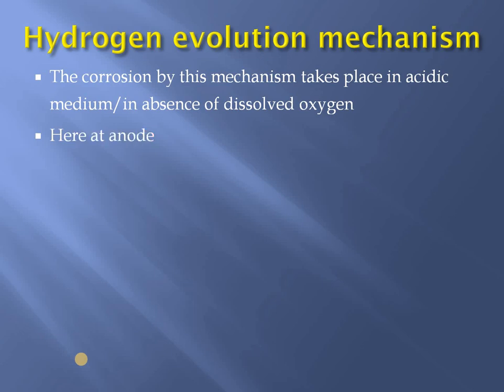So here at the anode the metal will undergo oxidation to form metal cation and electrons will be given out. For example, Fe will undergo oxidation to form Fe2+, and 2 electrons will be given out. This Fe will dissolve into the electrolytic solution in the form of Fe2+.